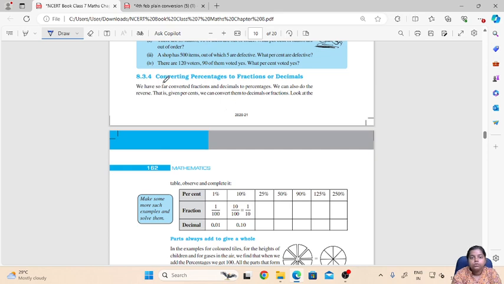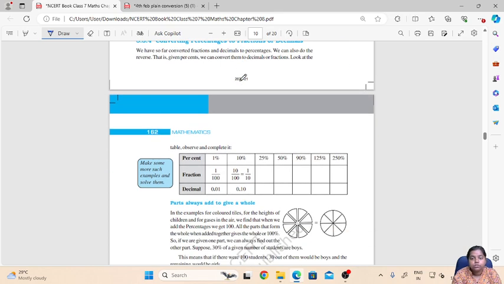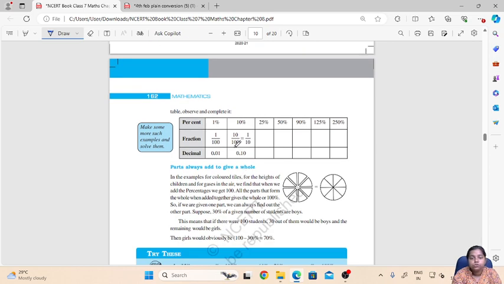So now here you have to convert the percentage to fractions. How to convert it into fractions and decimals, we'll see both over here. Here 1%, so 1% means what? 1 out of 100, correct? So that is the fraction form we have to write. In decimal, if you divide this number, then you will get 0.01. When it is 10%, 10 divided by 100 is equal to 1 by 10 on cancellation.